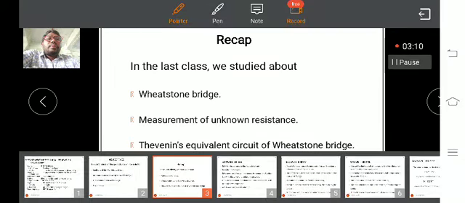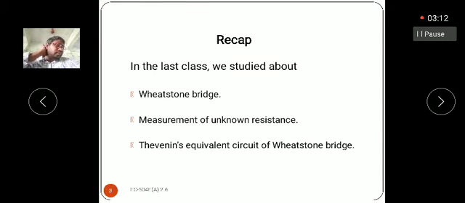With its help, at the load terminal, the load is removed, that is, open circuited, and we calculate the voltage across the load terminals. That voltage is called the Thevenin's voltage.